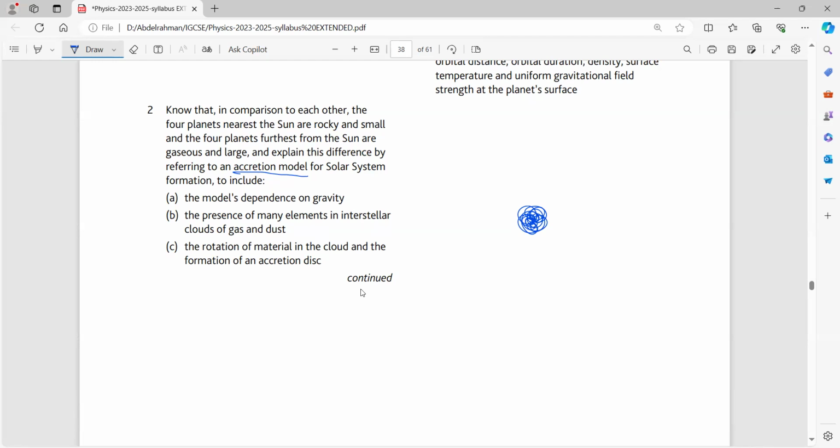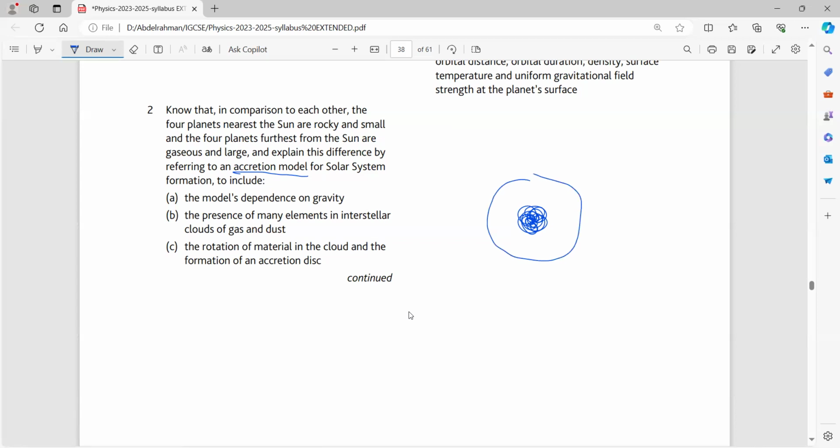These small particles started to join again, forming larger particles, even larger rocks, larger planets. And from there we started to form protoplanets, which become all of the planets.